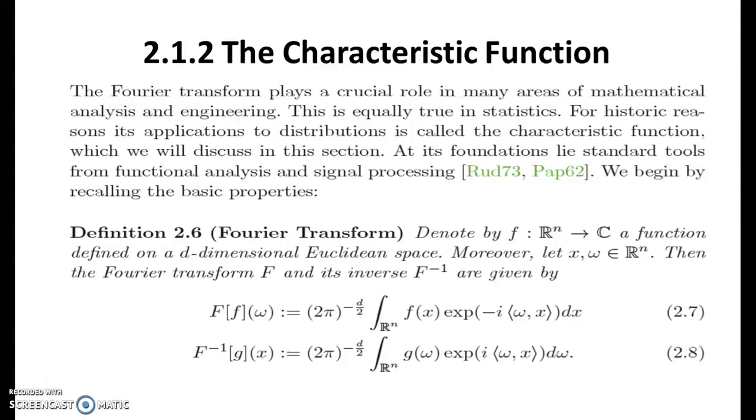So the inverse of it would be F^{-1}[g](x) by definition equal to (2π)^{-d/2} ∫_{R^d} g(w) exp(i w x) dw. This is a theorem we have based on the Fourier transform.